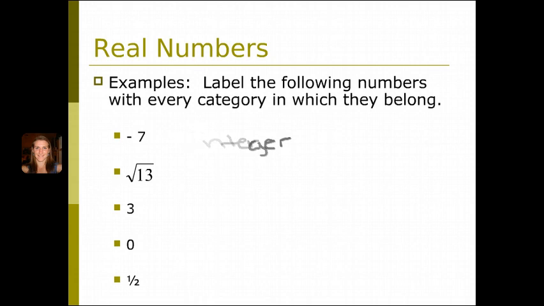The square root of 13 is an irrational number. Okay? Irrational because if you do the square root of 13 in your calculator, it is going to give you a non-terminating, non-repeating decimal.